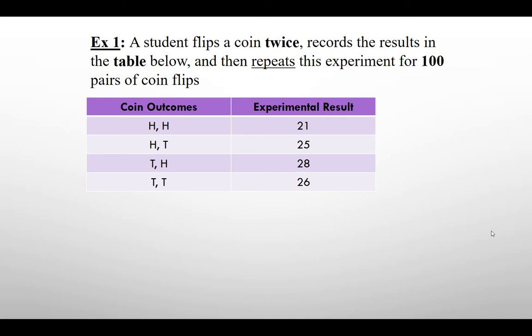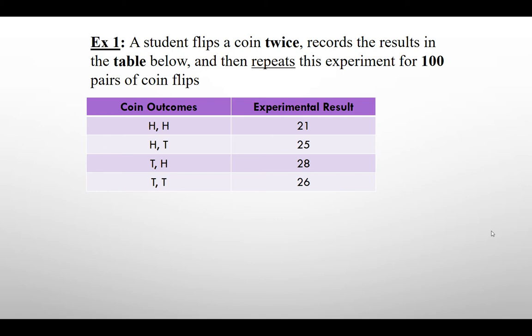Let's look at an example problem where we actually are going to calculate this. A student flips a coin twice, and they record the results in the table, and then repeat this experiment for 100 pairs of coin flips. So here's what happens experimentally. They flip a coin one after another, and they repeat this 100 times.